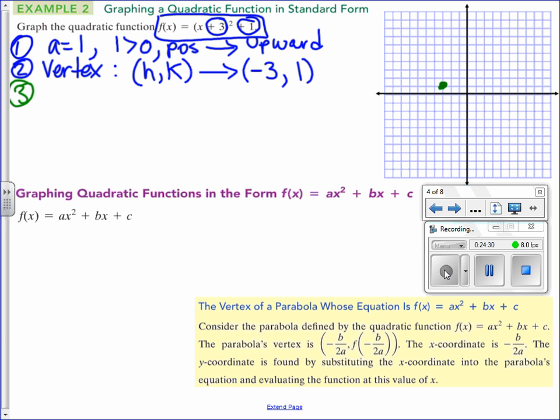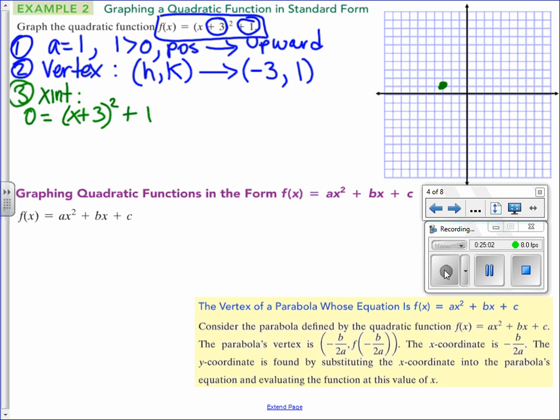It will have zeros, they're just going to be imaginary. But x-intercepts, no, it will not have x-intercepts. So do we just skip the steps? You still need to show me. So we follow the same guidelines for x-intercepts. And so we said that we will let y equal 0 or f of x equal 0, and then solve for x.